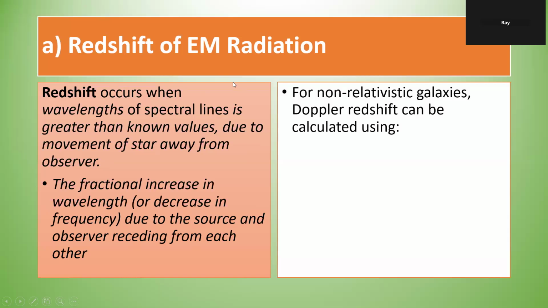For non-relativistic galaxies, the Doppler shift can be calculated using this formula. That means the speed must not be close to the speed of light; then we can use the non-relativistic formula for galaxy Doppler redshift. This is also given in the formula sheet.